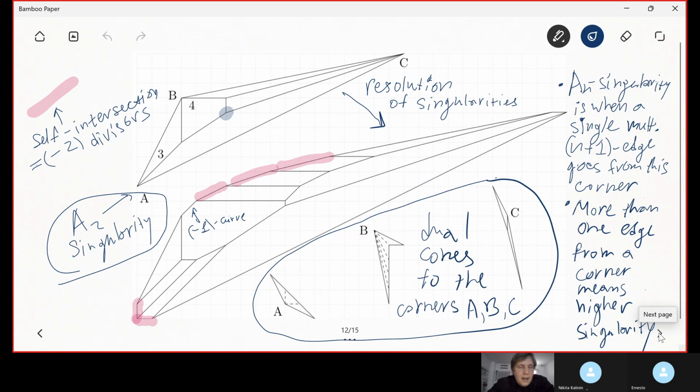I've shown how you do the resolution of these singularities. This pink highlight shows the -2 curves. And -2 curves are exactly the curves where the edges which enter the corners, the vertices of these edges, should be parallel, which means that the corresponding side doesn't change speed when you do the evolution.